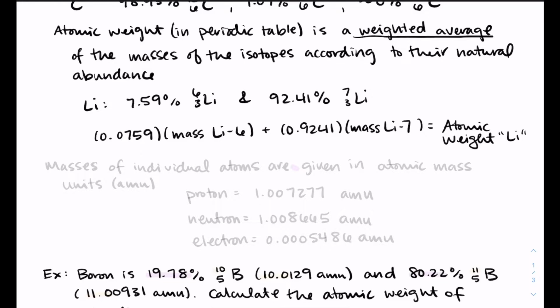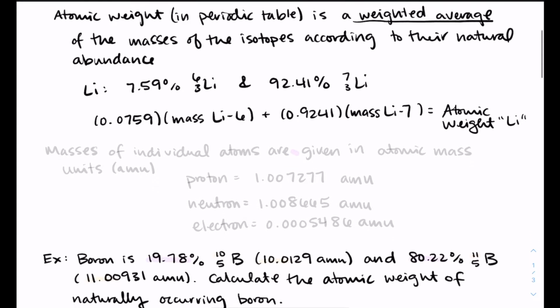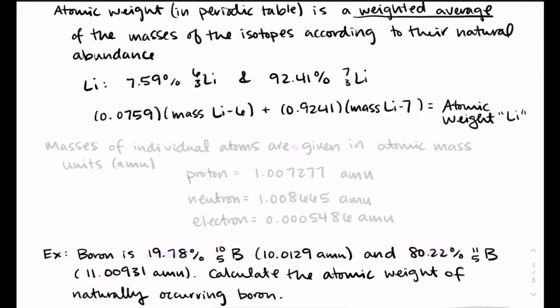Essentially, this tells you, if I were to scoop up a handful of naturally occurring lithium, I wouldn't recommend this with lithium, what its apparent atomic mass would be. 7%, almost 8% of that contribution comes from a lighter isotope, and 92% comes from a heavier isotope.